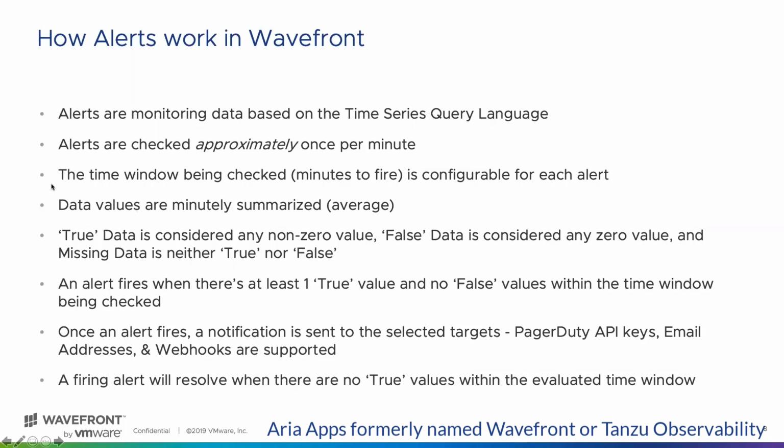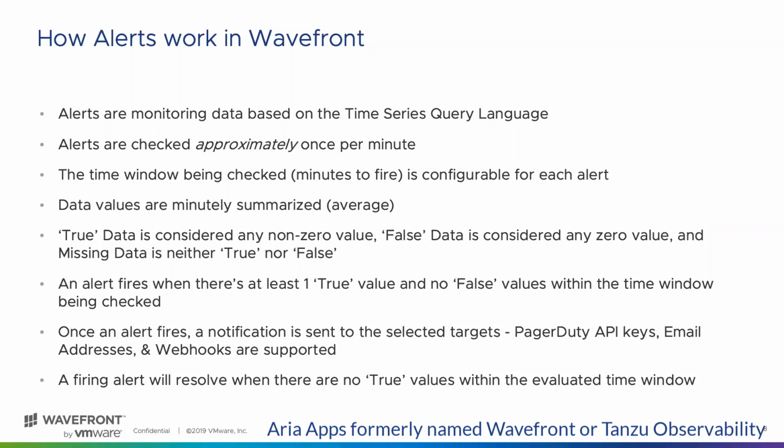This is a key one, and maybe good to remember as you're thinking about your alerting. You know how when you set up your alert, you say how many minutes you want this thing to be true for before it fires? In order for Wavefront to make that simple, when it evaluates an alert condition, it always aligns it to 1 minute.